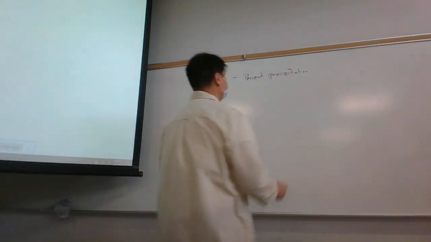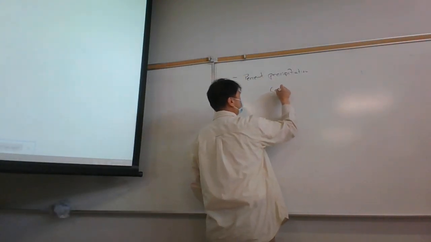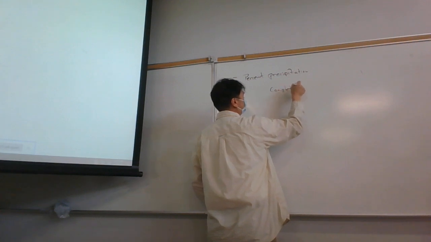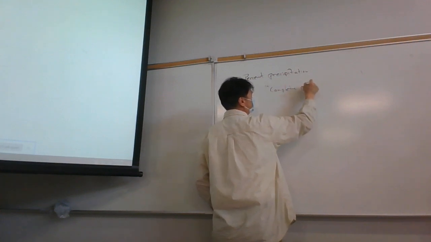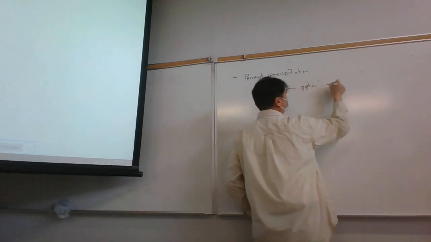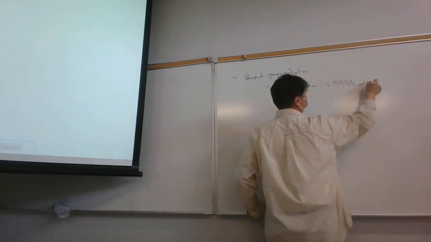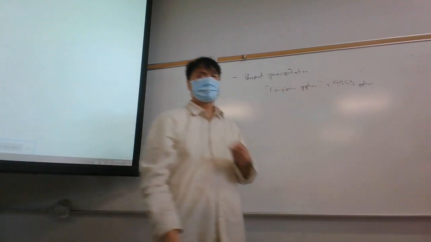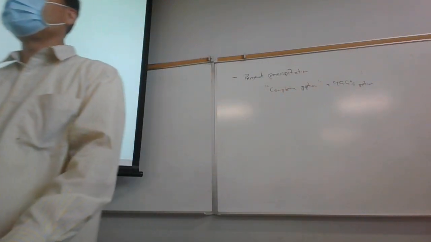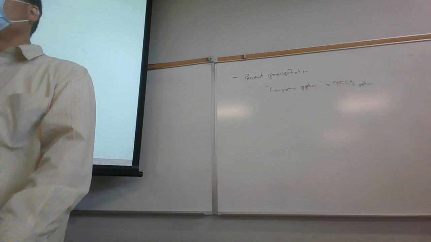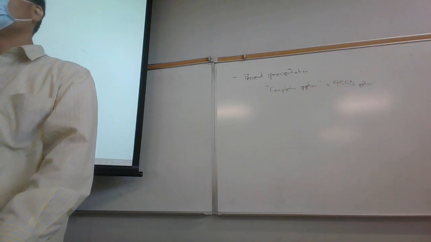Complete precipitation is just defined arbitrarily as 99.9% precipitation. Let's take a look at that last problem that we did, which was the silver chloride, and see how much precipitation we end up with.